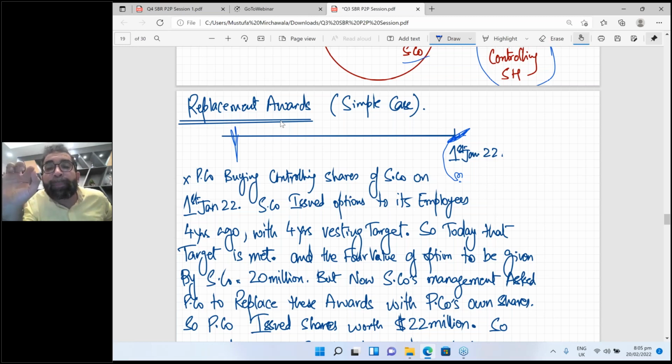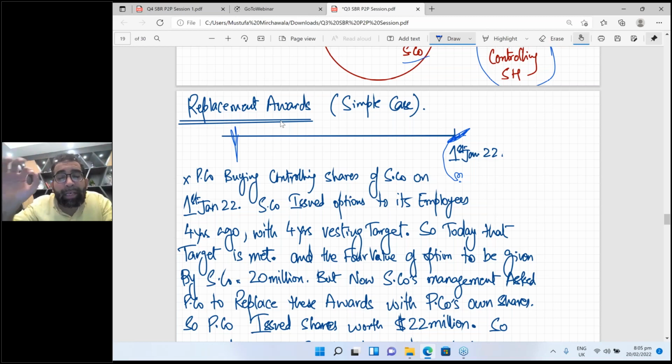This is what we call replacement awards. That means the parent company will replace S company's own awards. So the deal now looks like this: whatever shares the parent company will give to S company's employees is mandatory, obligatory, and this is the condition of S company. Otherwise S company management says that we won't sell you our shares.